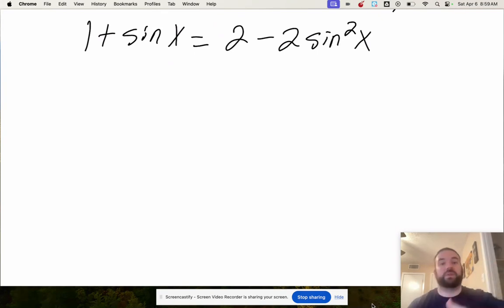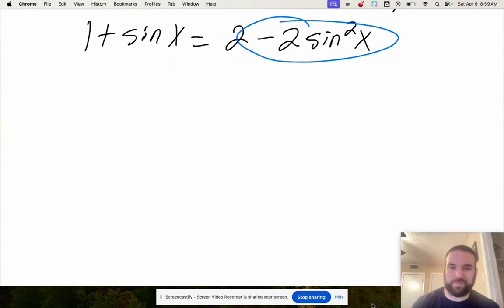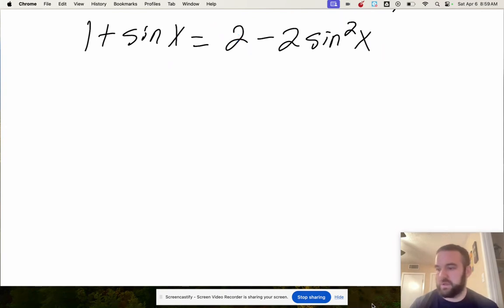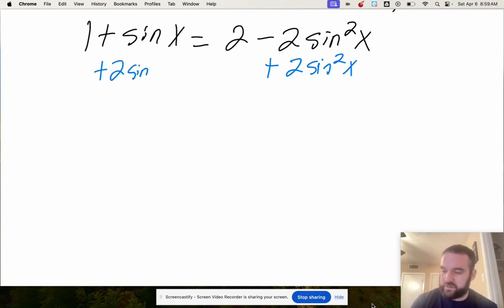When we factor, we need everything on one side; I need 0 in the equation somewhere. I personally don't like to factor when my squared term is negative, so I'm going to move everything over to the left side and make the right side equal to 0. I'm going to add 2 sine squared of x, then subtract 2, which I can do from the positive 1.